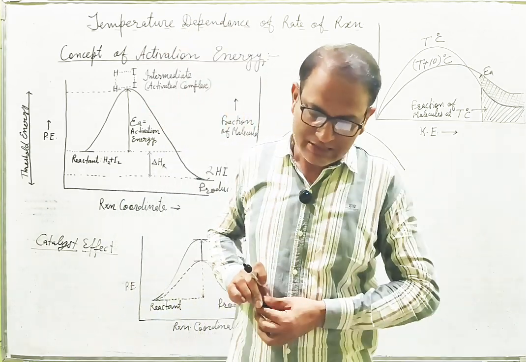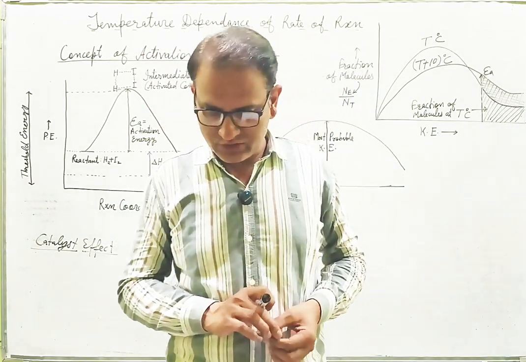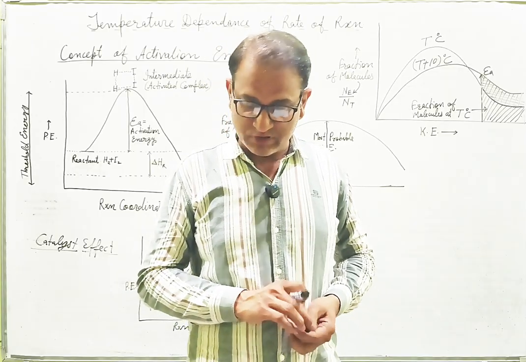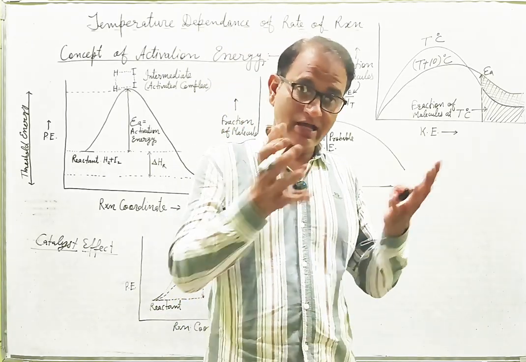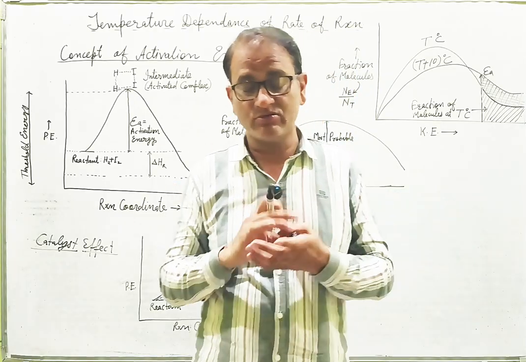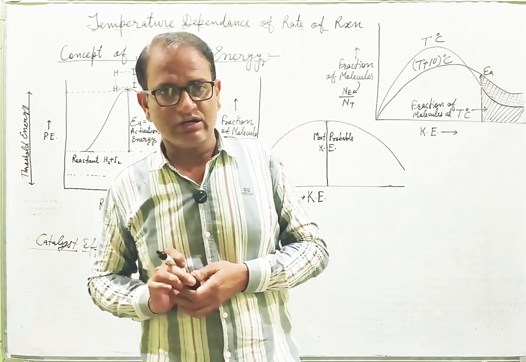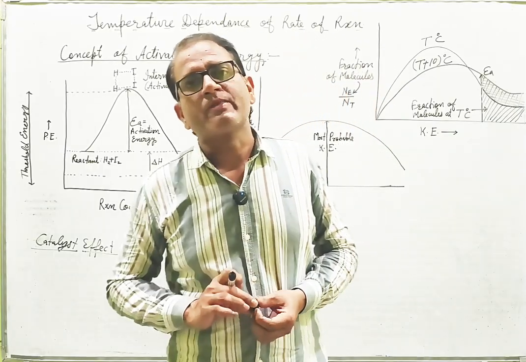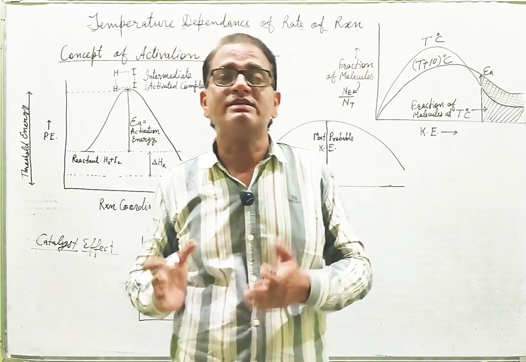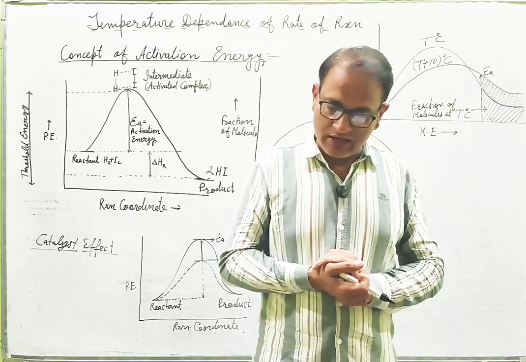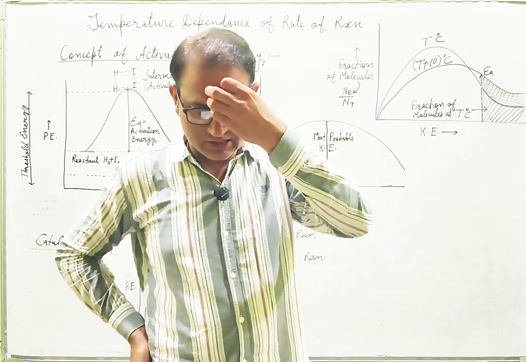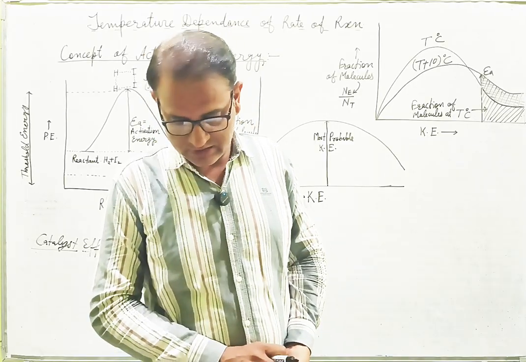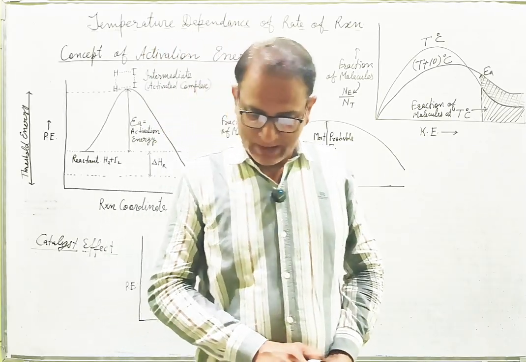Since the behavior of a single molecule in a reaction mixture is difficult to predict precisely, and we cannot conclude how much kinetic energy it has, statistics is used. There are two scientists, Ludwig Boltzmann and James Clerk Maxwell, that is, Boltzmann and Maxwell.